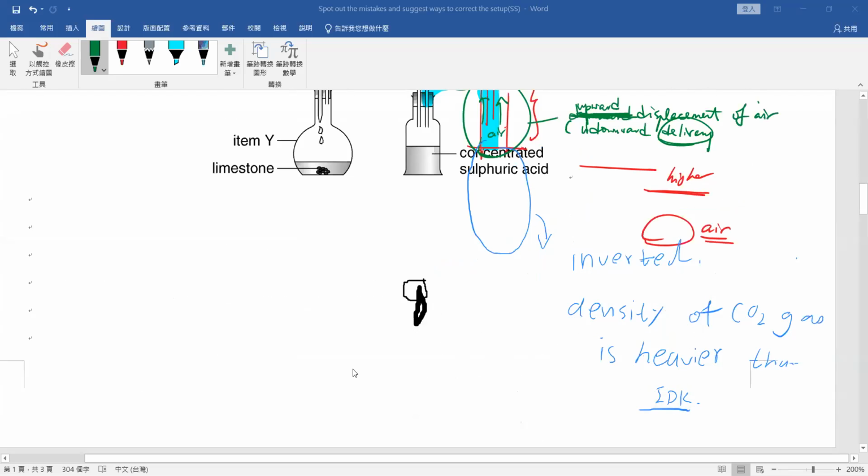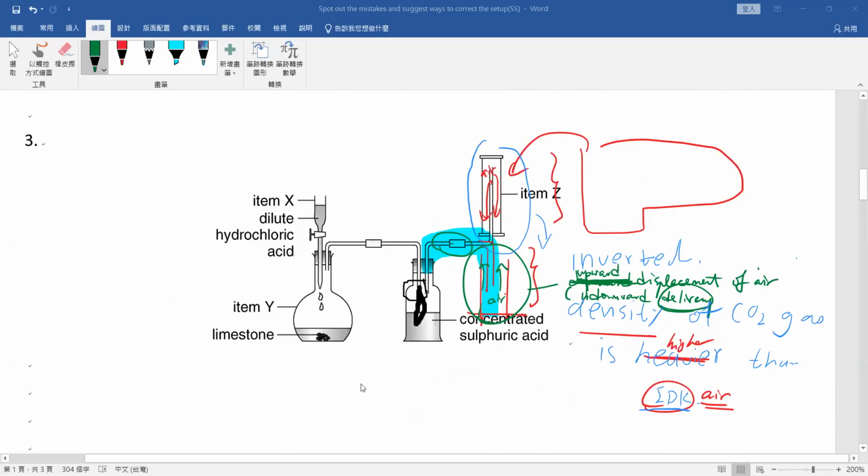Now, I would like to give you one more mistake. It's on here, right? How to present it in words. What should we do? The one end of the delivery tube should be what?